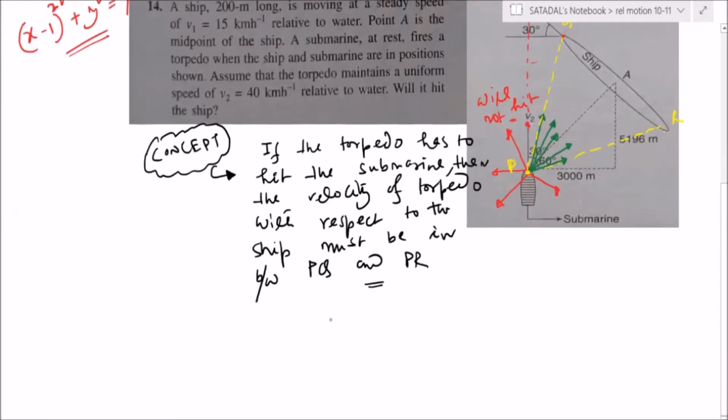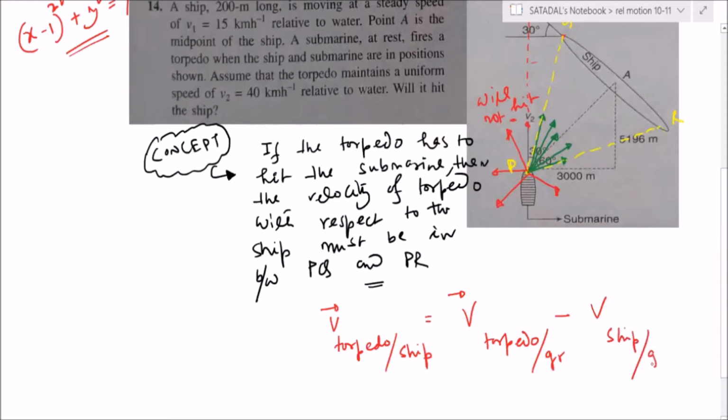So we can write now, velocity of the torpedo with respect to ship is equal to velocity of the torpedo with respect to ground minus velocity of the ship with respect to ground.